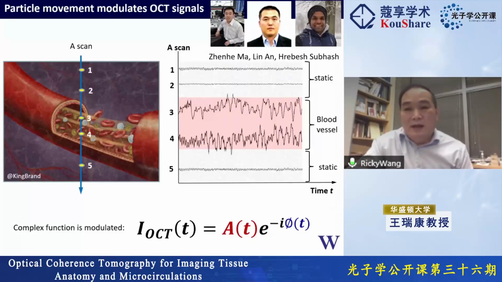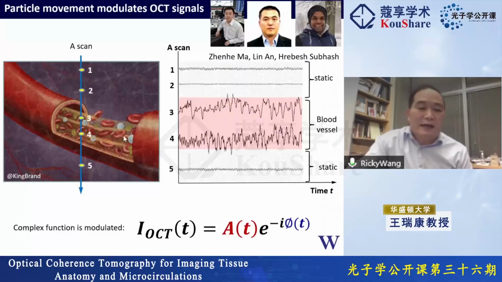Okay, and if you use laser speckle to look at static tissue or a static object, your speckle will be static. And that is equally applicable to the OCT system.